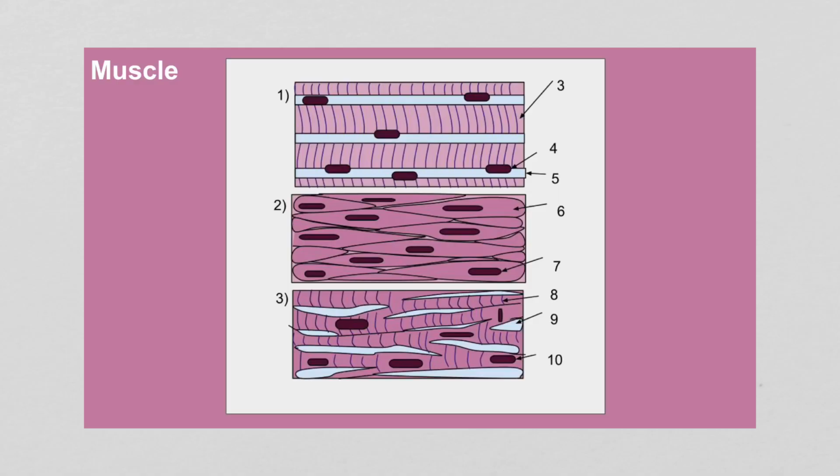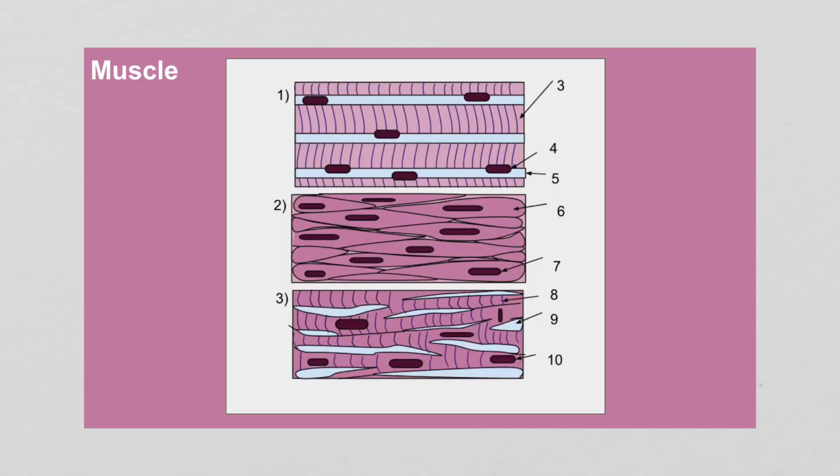The next type of tissue that we see here is smooth muscle. We don't see any stripes like we did in the skeletal muscle. There's no striations then. And it's found in hollow organs like the stomach and the bladder, and blood vessels. So it's quite useful in dilation of tubes.